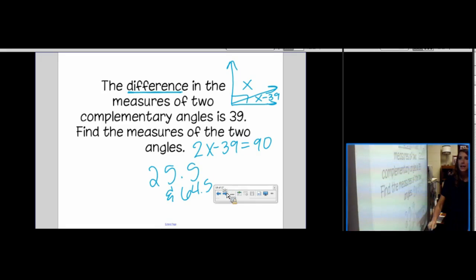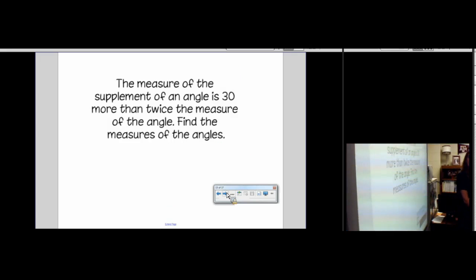Let's try another one just like it. The measure of the supplement of an angle is 30 more than twice the measure of the angle. Find the measures of the angles. We only have two problems left.